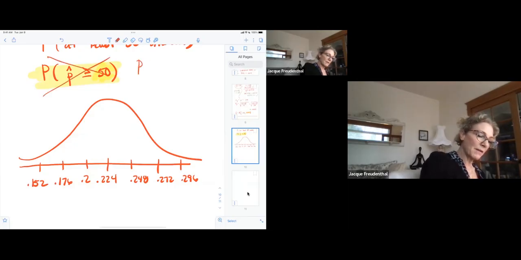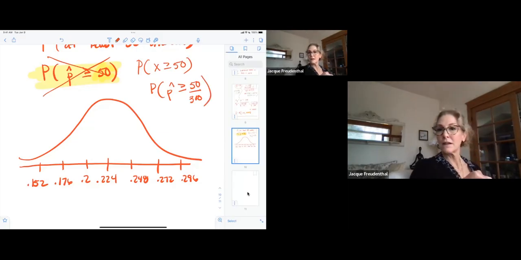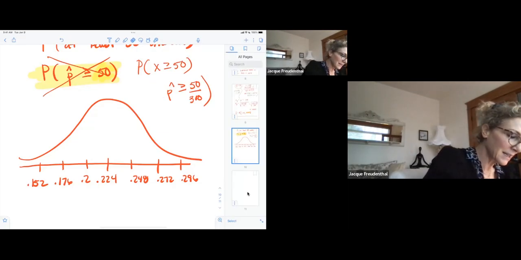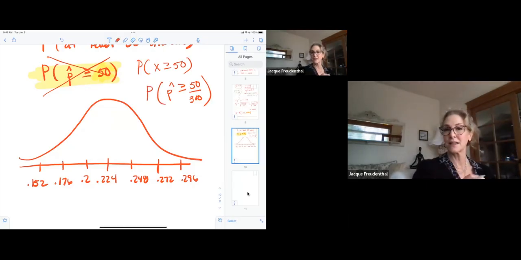I wanted the probability that X was at least 50, but I want that as a proportion. So I want p hat greater than or equal to 50 out of 300. I need to make sure that I'm writing this in terms of p hat and not a count of X. So 50 out of 300.